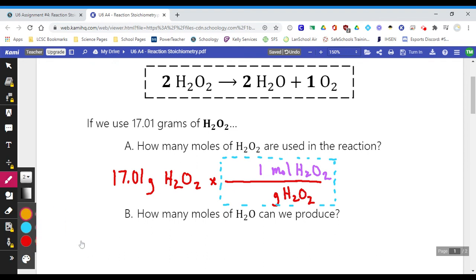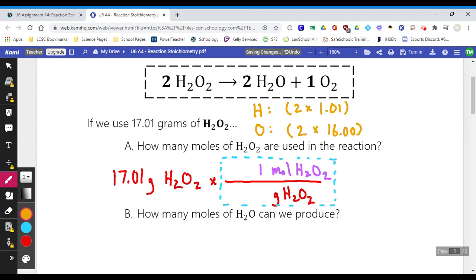Okay. H is 1.01. So since I have 2 of those, it's going to be 2 times 1.01. Oxygen has a molar mass of 16. I just have 2 of those also, so 2 times 16.00.